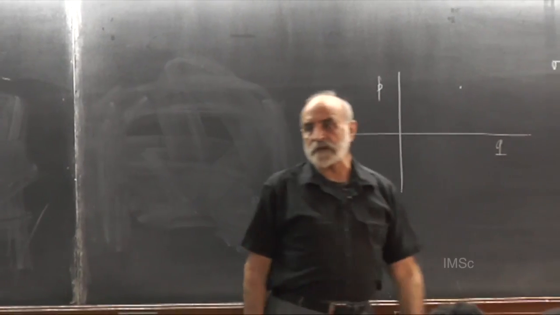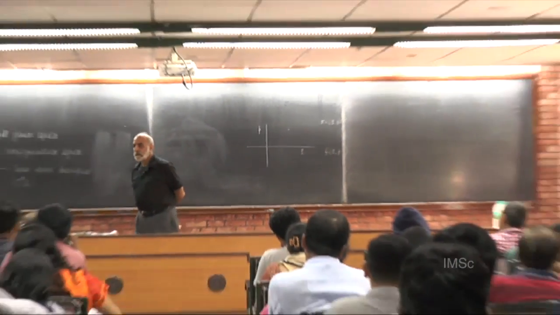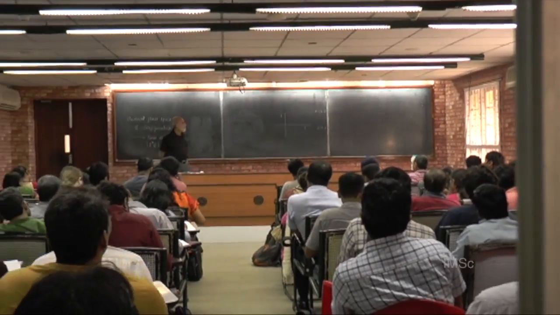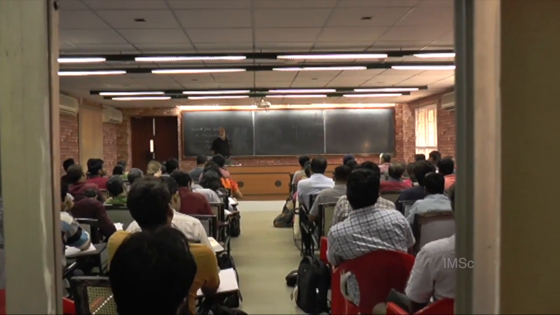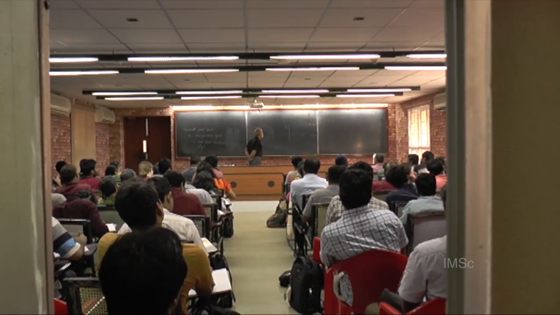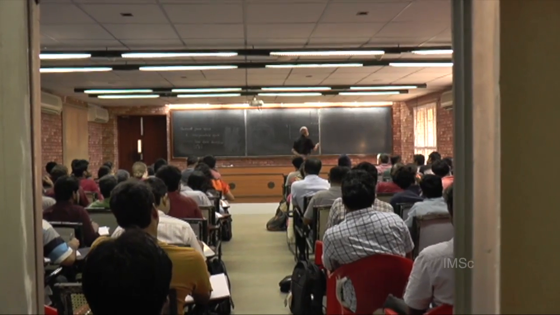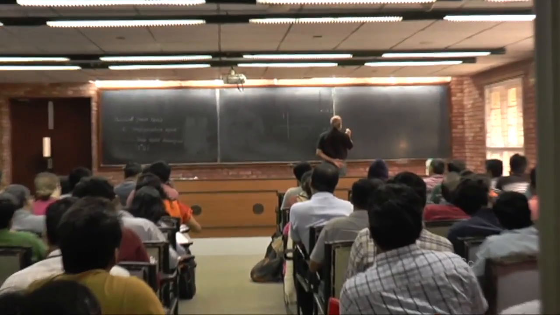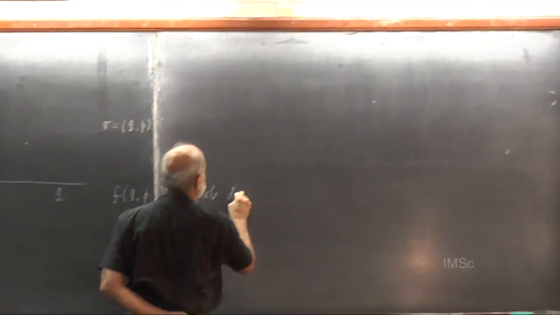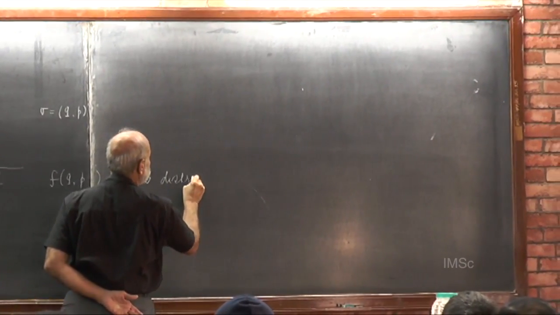You can describe the state of a particle on a real line in the phase space by a phase space function, which is a function of q and p, and this is a genuine probability distribution on phase space.